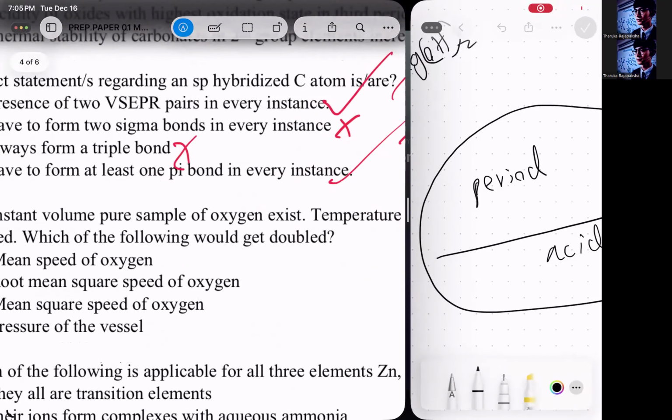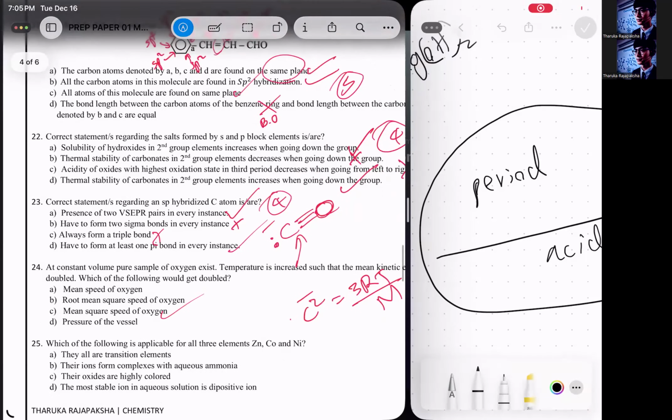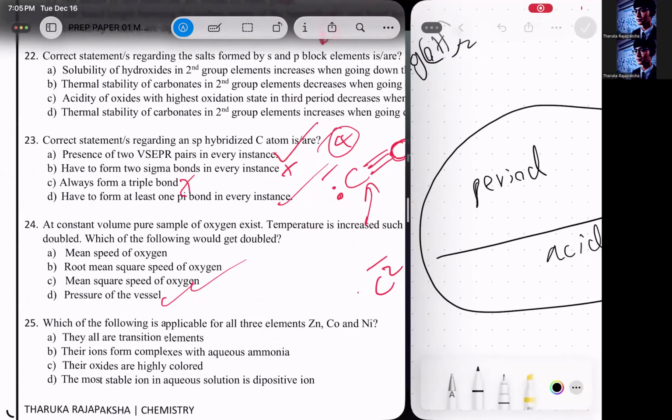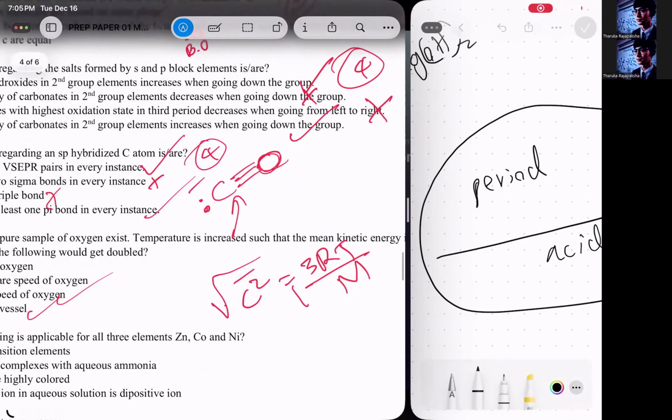Of course, that is correct. When temperature increases, pressure also doubles. Pressure increases, PV equals nRT, constant volume, constant number of moles. So therefore, when temperature is doubled, pressure will double, of course. Root mean square speed will not double now. This is a square root. So when temperature doubles, root mean square speed will increase by root 2 times, not 2 times.